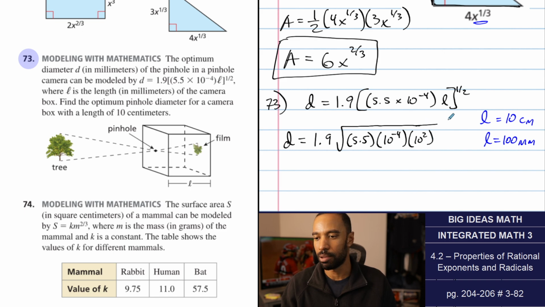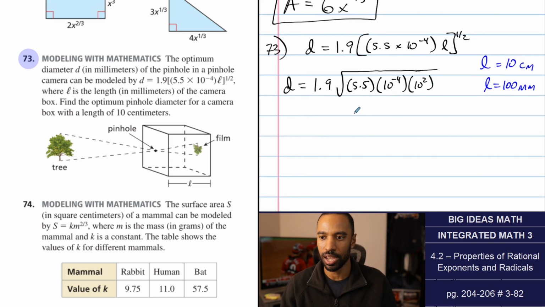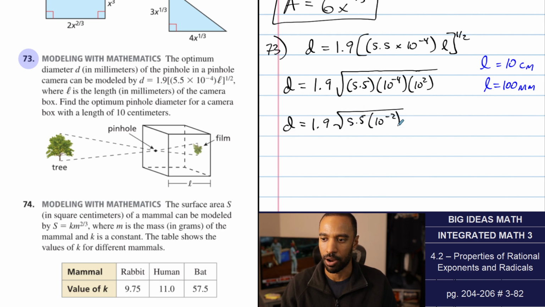So if I were to get a cleaned up version of this answer before I get the answer, we could work it out like this. We don't have to go straight to calculator, right? This is all about practicing simplification rules. This is 5.5 times, I guess now it's 10 to the -2nd power. 5.5 over 100, right? That's what we're doing. It's 5.5 over 10 squared, which is 5.5 over 100.